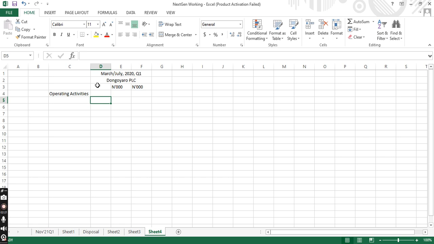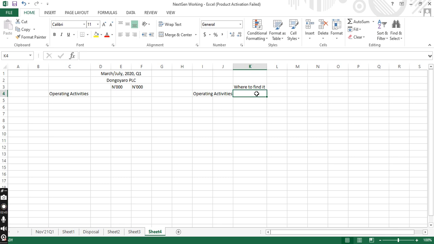Now, when you have a question that has an income statement and statement of financial position, and you have to do a cash flow statement, the trick is this: for your operating activities, you can find them in your income statement.